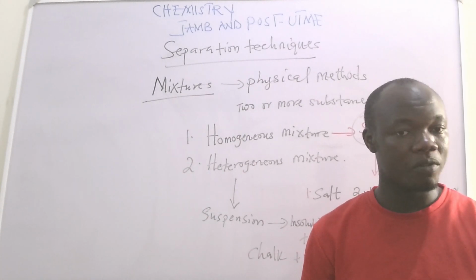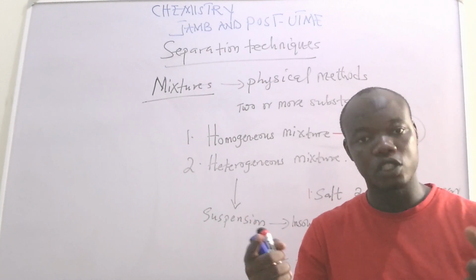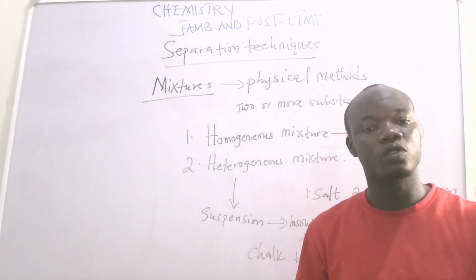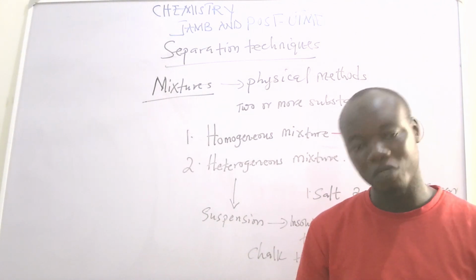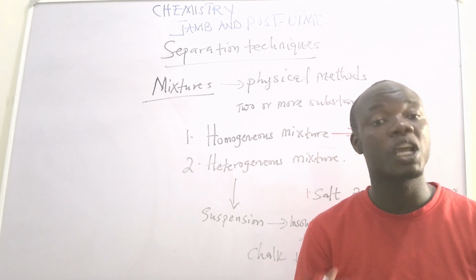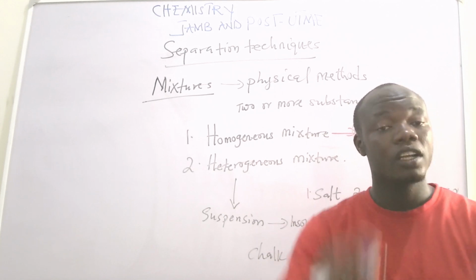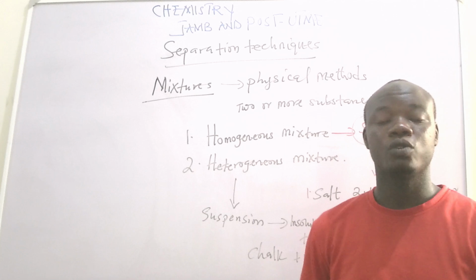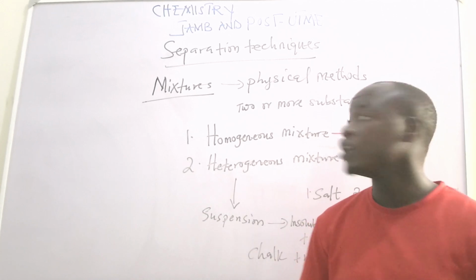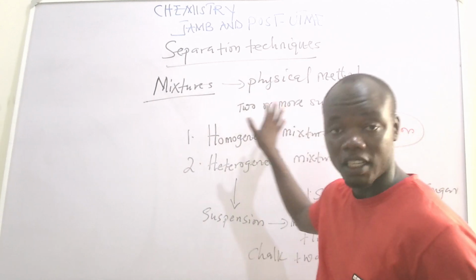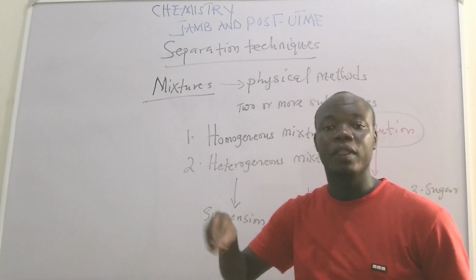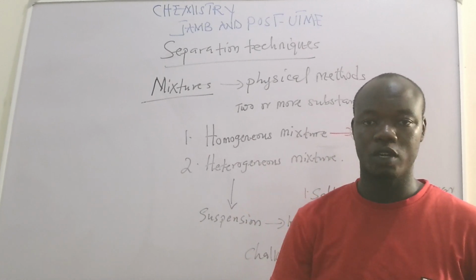Remember from our basic knowledge, a chemical change is a type of change in which the components of the mixture cannot be separated. But a physical change can be reversible, which means you can separate them. The process I use in separating the components of the mixture is called separation techniques. That is what we are going to look at.